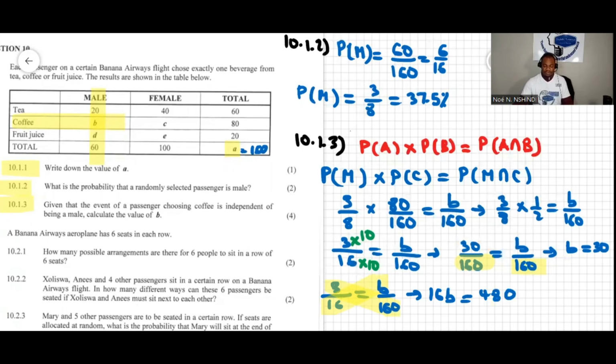Now this means that B will be equal to 480 divided by 16, not 160. Divide by 16. Yes, this is equal to 30. So the calculations will be the same.